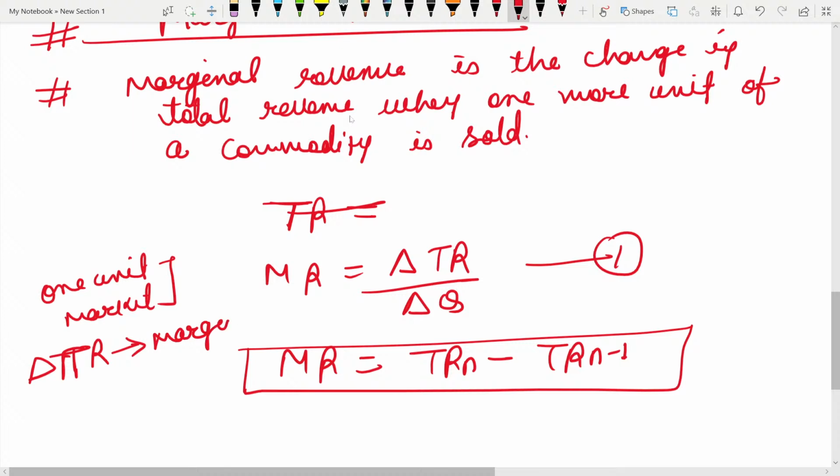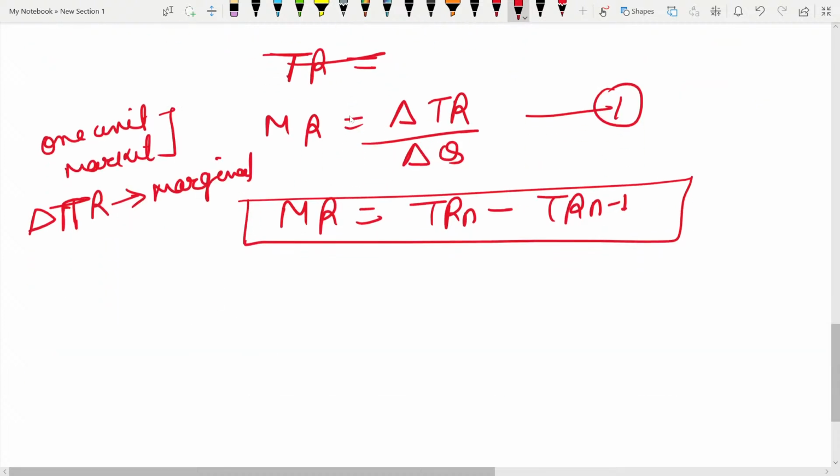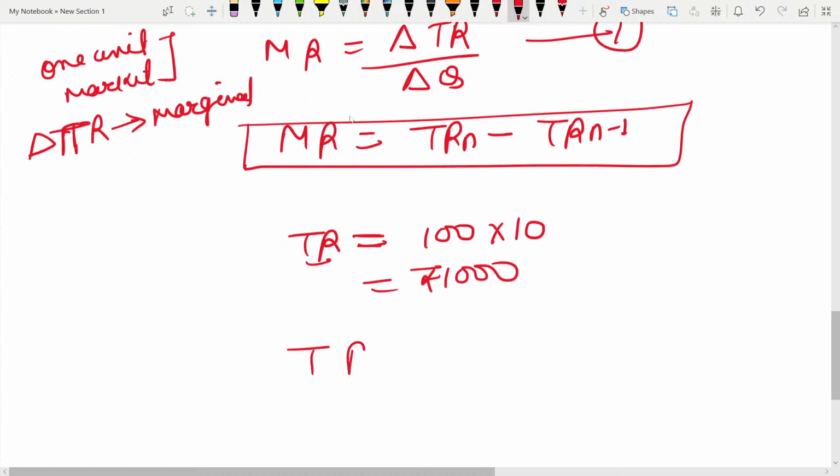Let's suppose the producer went to the market and sold the first 100 units at price 10, so the total revenue in this case will be 1000. So this is the initial total revenue. Now again the producer went to sell the goods, but at this time the total output is, let's suppose, 110, that is 10 is additional output.